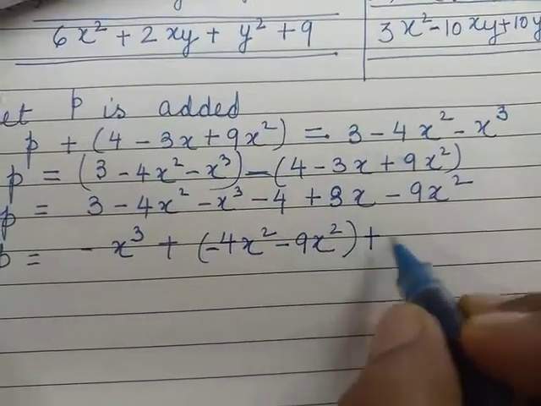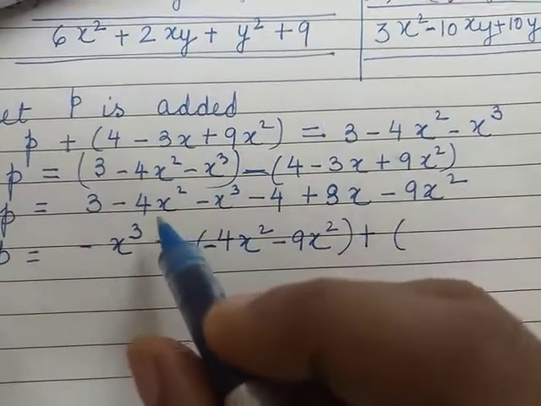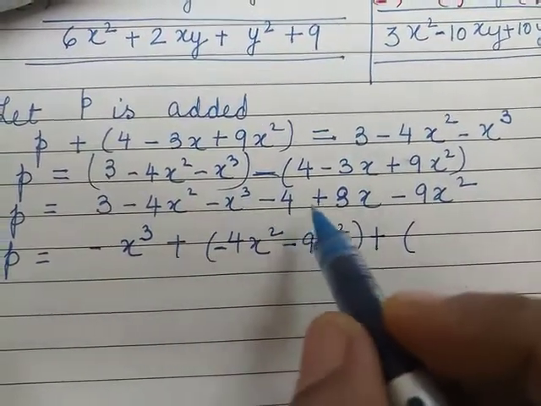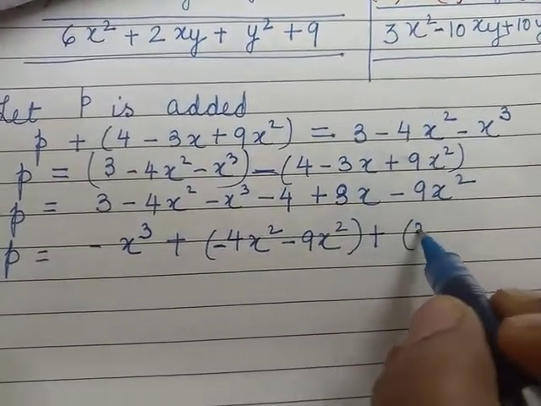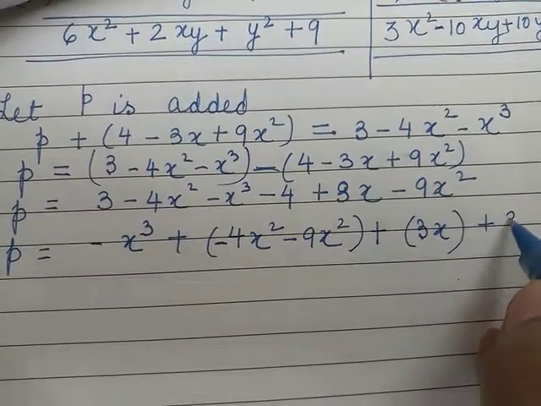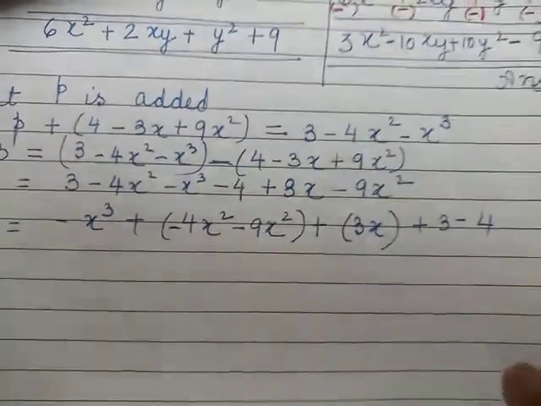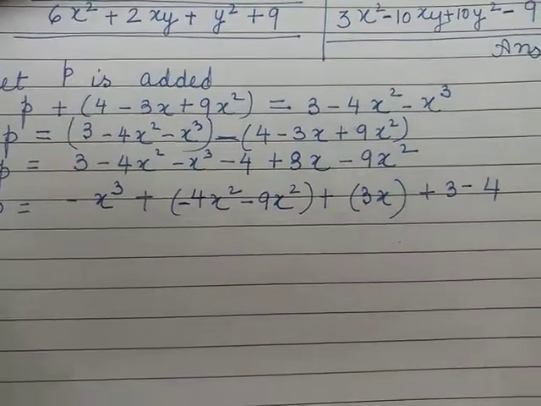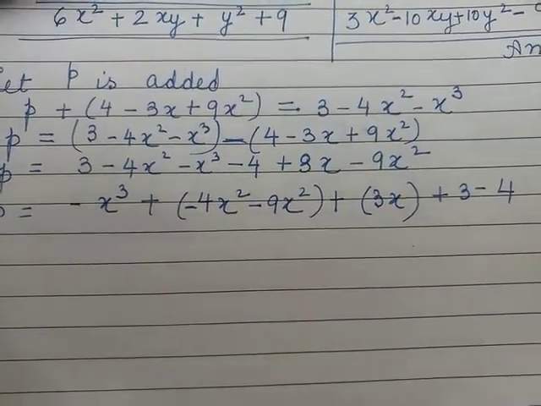Again I write plus sign. Then we have plus 3x. Then we have 3 minus 4. So I have written the like terms together.